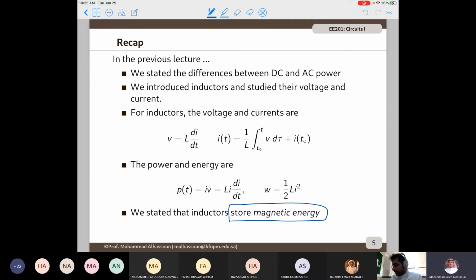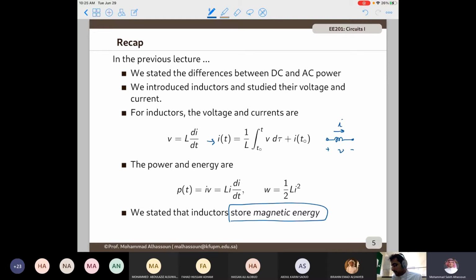We saw the relation between the voltage and the current in the inductor: the voltage is related to the current by the differential equation V = L di/dt. Or if we are given the voltage and asked to find the current, we need to integrate.